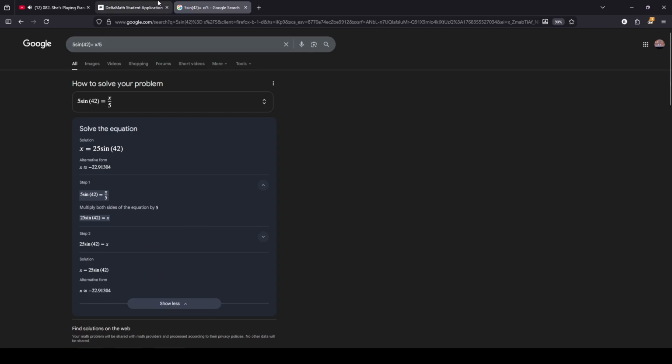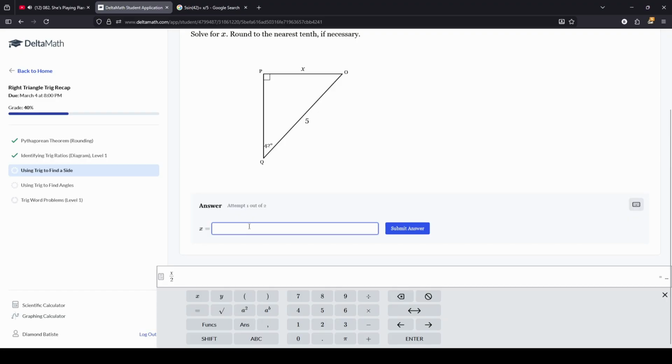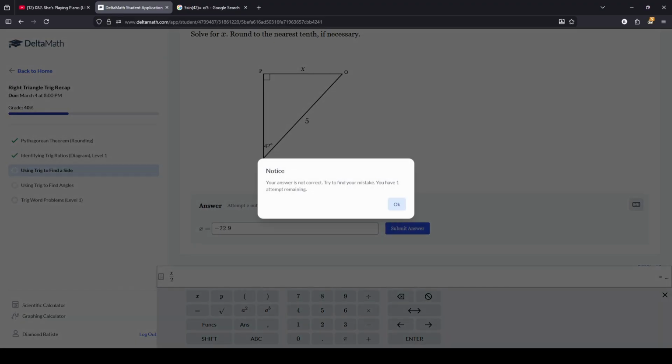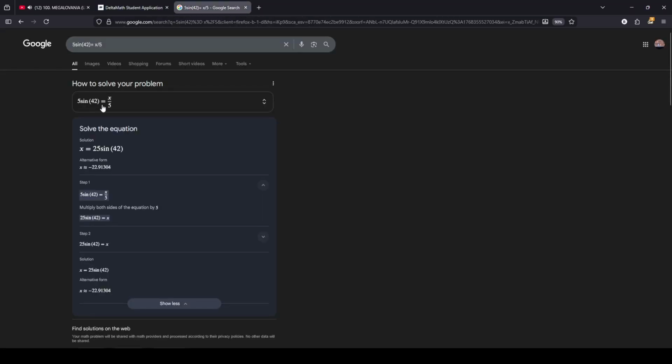Maybe. Okay, so this says that'd be negative 22.9. Okay, so we're not gonna put the equal sign there.